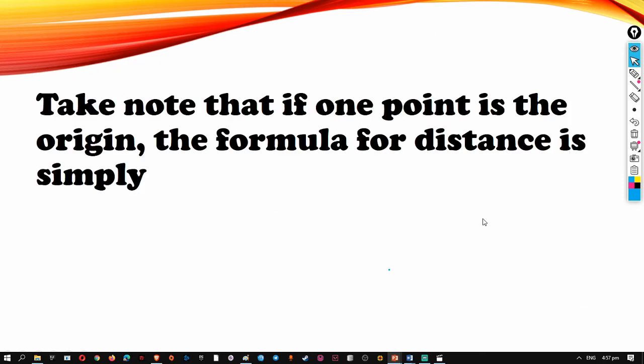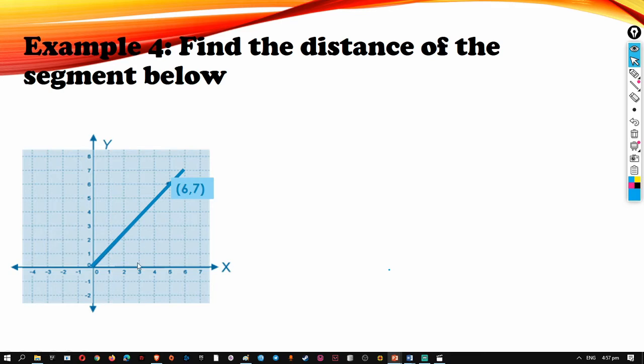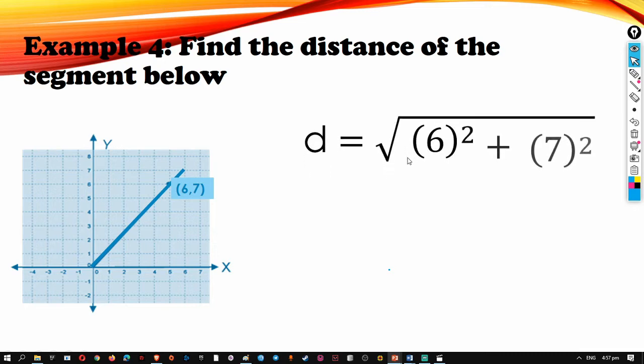How if one point is at the origin? So, how do we get the distance? So, it's simply d is equal to square root of x squared plus y squared. Mas madali siya. Example, as you can see dito sa segment natin, ang isang point ay nasa origin, that's 0, 0, at ang isa ay nasa 6, 7. So, to find the distance, we have square root of 6 squared plus 7 squared.